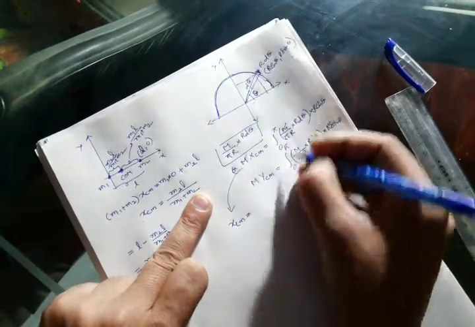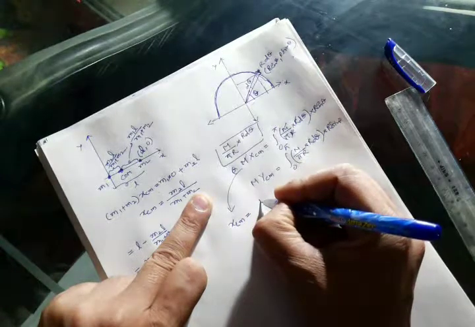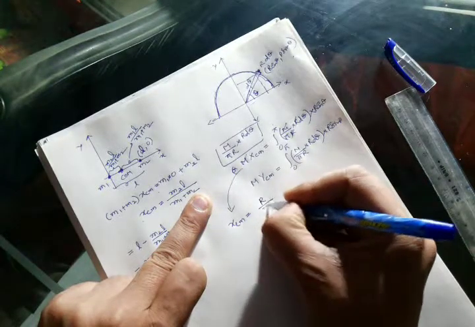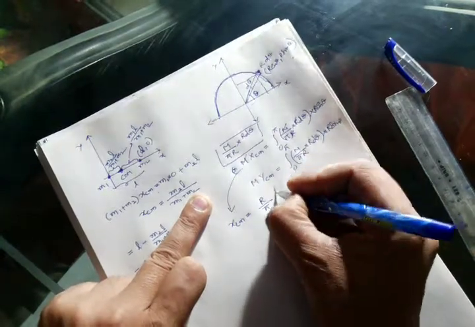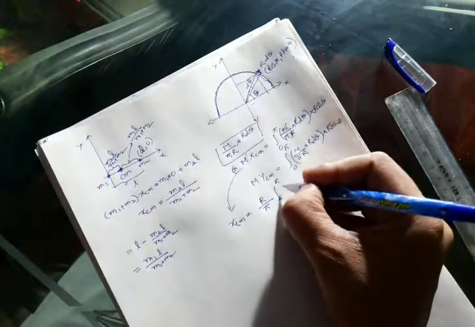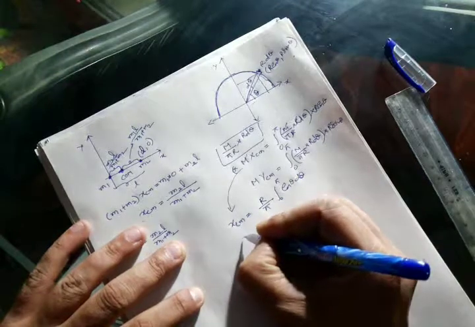Xcm will be r over pi integration 0 to pi cos theta d theta.